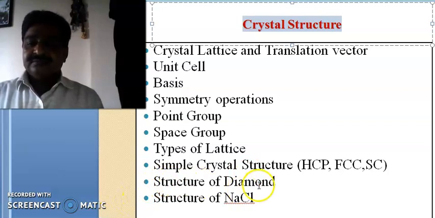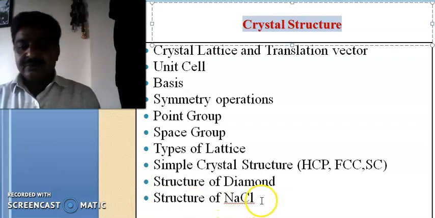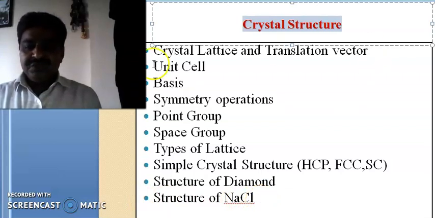Structure of diamond and structure of NaCl, that is common salt, sodium chloride. These concepts we discuss in detail in this unit.